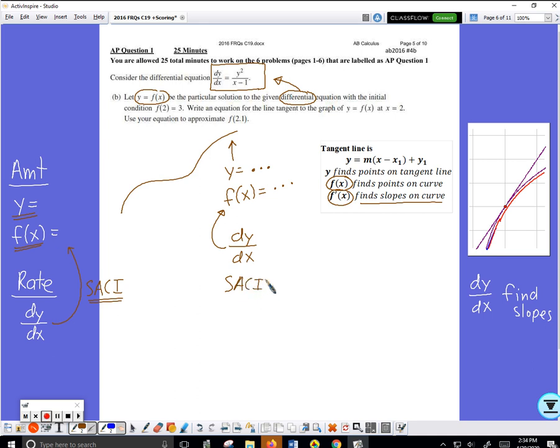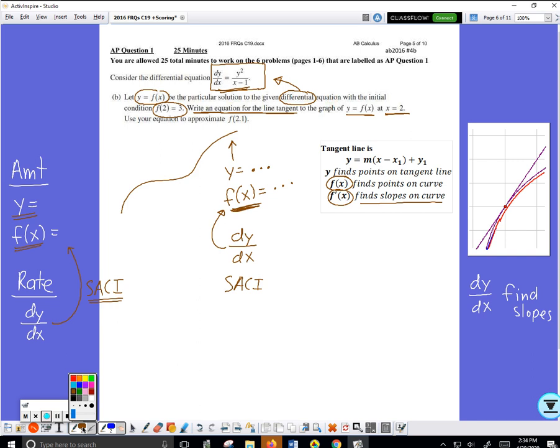However, be careful here. So that's all they're describing. They say there's this solution equation, we've got the differential equation with this initial condition, but nowhere in the problem does it say to find this yet. Instead it says write an equation for the line tangent to this thing at this point.